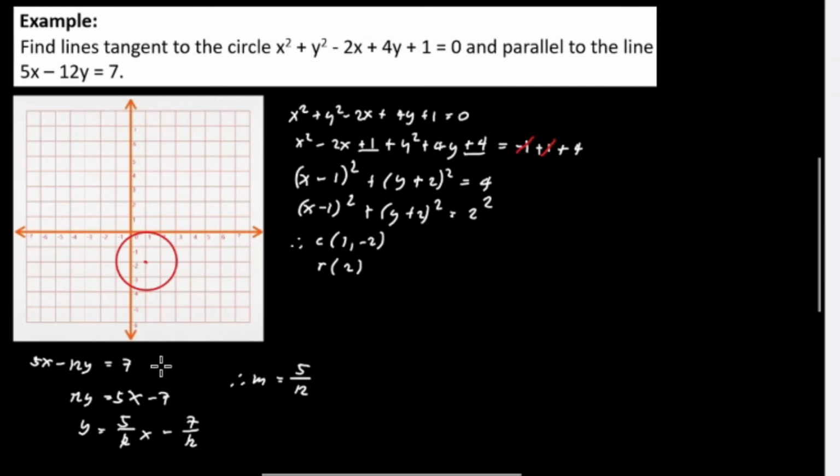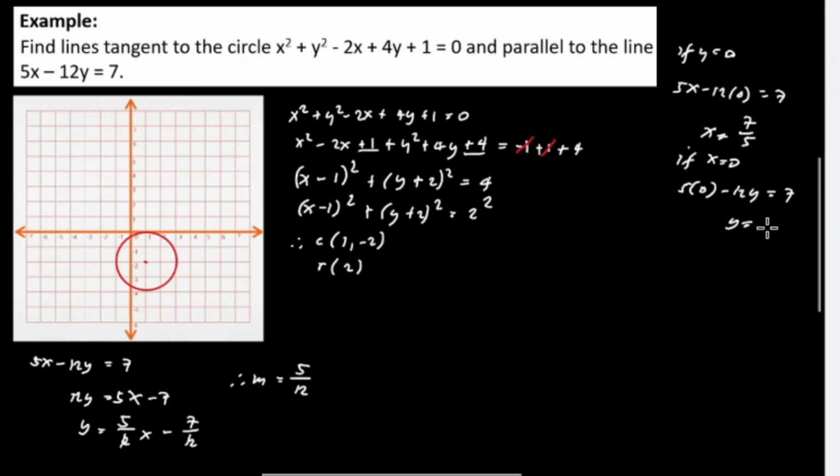Now the intercepts of the line 5x minus 12y equals 7. If y equals 0, that's 5x minus 12 times 0 equals 7, and x equals 7 over 5. If x equals 0, 5 times 0 minus 12y equals 7, or y equals negative 7 over 12.